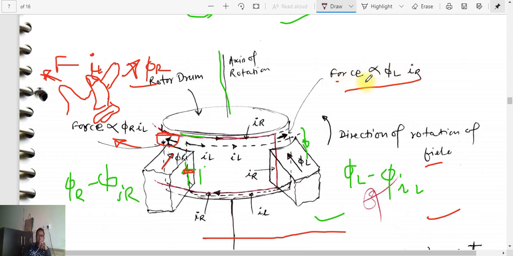Force F, which is acting in this direction, is proportional to phi L, the inductive coil flux, with the eddy current in the resistance, and the other force F is proportional to the flux by the resistive coil and the eddy current produced by the inductive coil in the drum.